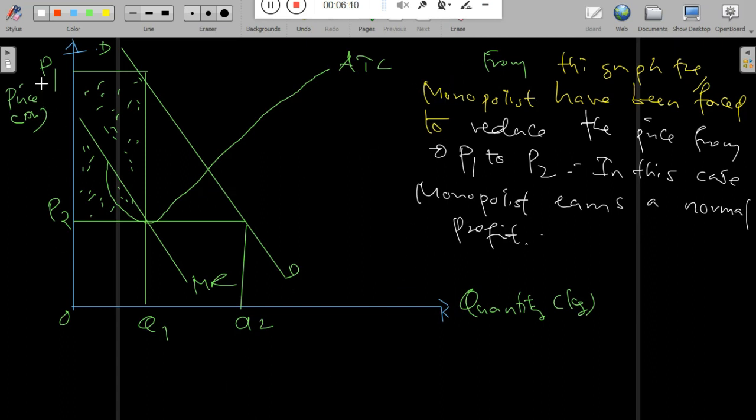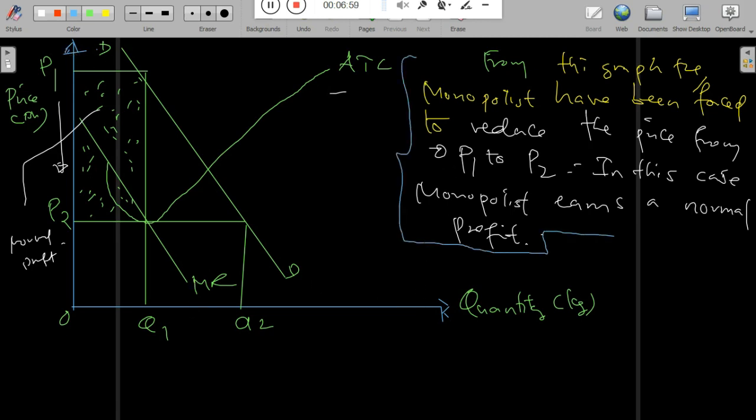So the shaded area represents a monopoly earning just a normal profit. So that is how it is demonstrated over there.